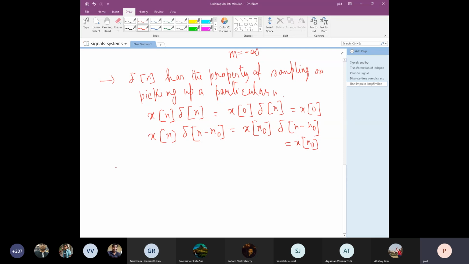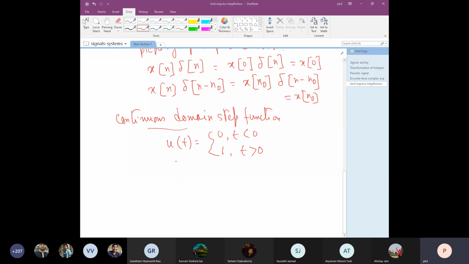So though in the discrete domain it was easy, the continuous domain is not so easy. In the continuous domain the step function is easy to write. u(t) equal to 0 for t less than 0, and equal to 1 for t greater than 0.